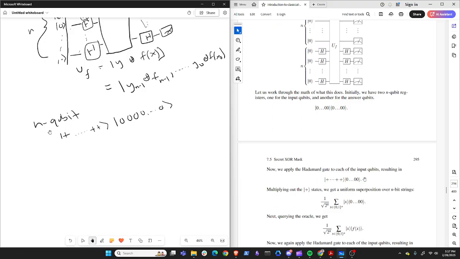Taking our Hadamards and combining them all through tensor products, we wind up with 1 over square root of 2^n, summation over x that's an element of {0,1}^n, state x, and our answer qubits.